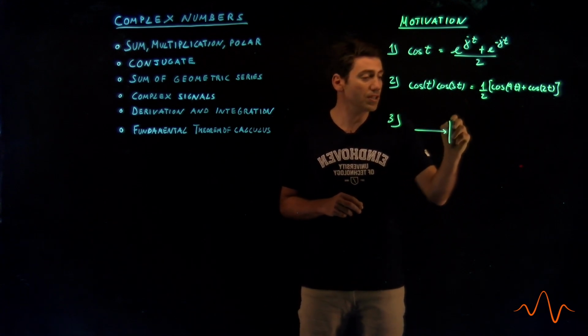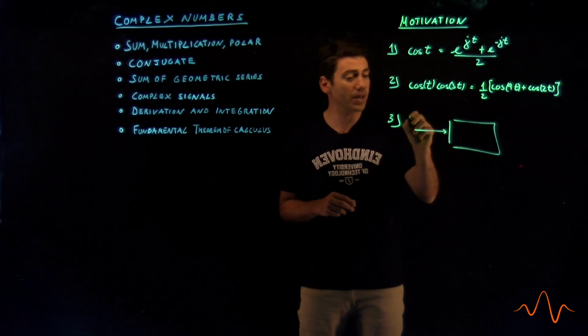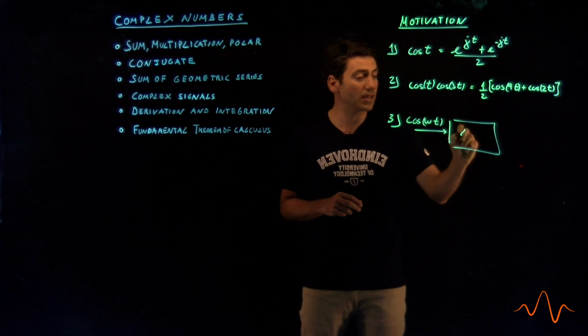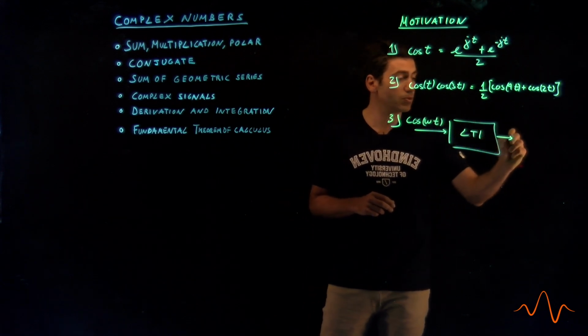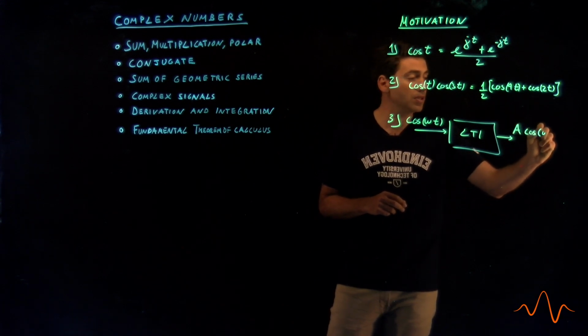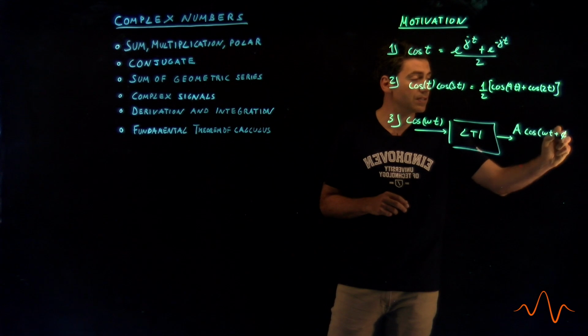in the context of signals, we know that if we have as input to an LTI system a cosine of a given frequency omega, the output will also be a cosine multiplied by a given amplitude and shifted by a given phase phi.